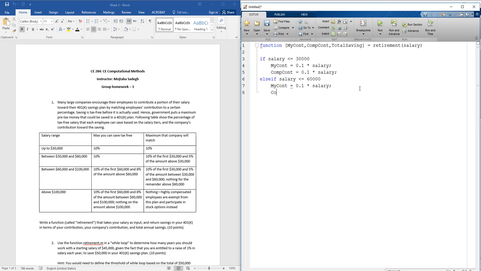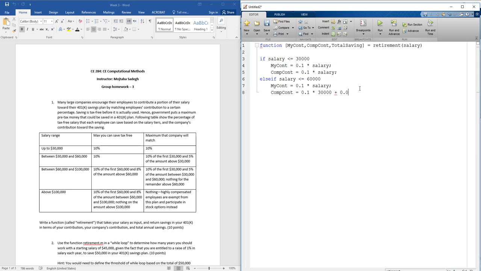And company's contribution is 10% of the first $30,000. It is already more than $30,000, so we have the 10% of $30,000 guaranteed. 5% of whatever is above $30,000.